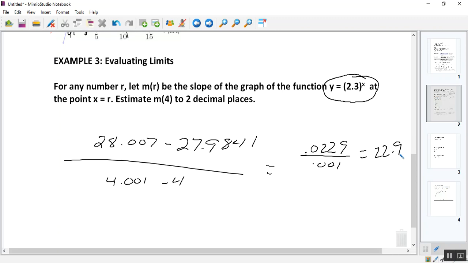No, I take that back. Natural log of 2.3, my bad. Natural log of 2.3 times 27.9841. What's that number? 23.08. So pretty close. We were 22.9, so we're pretty darn close. 23.08 was actual. Okay, all right.